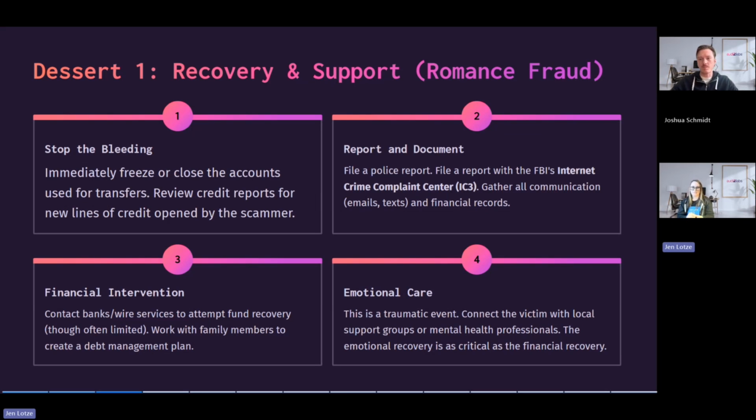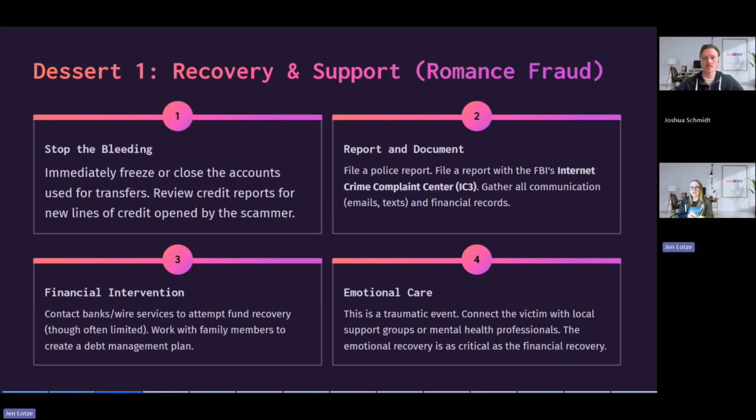All right. You want to report and document. A police report in these instances is critical, so critical. You're actually going to go 2 different places. Number 1, as soon as you know this is happening, you're going to go to IC3, which is the FBI's Internet Crime Complaint Center.